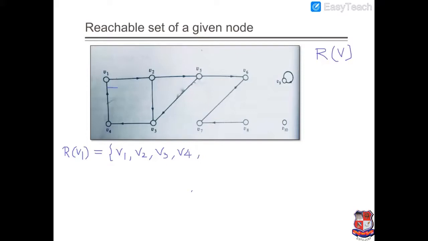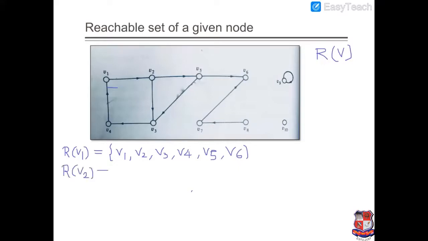Also V5 is reachable from V1, and V6 is also reachable from V1, but V7 is not reachable due to the opposite direction, and V8, V9 and V10 are also not reachable. Therefore, the reachable set of V1 is V1, V2, V3, V4, V5 and V6.